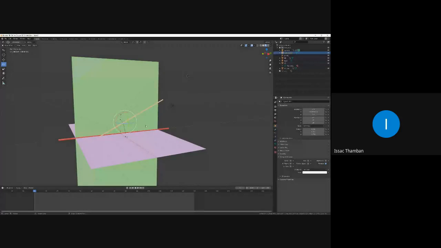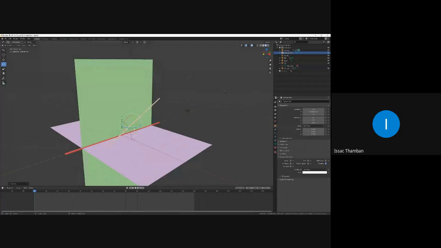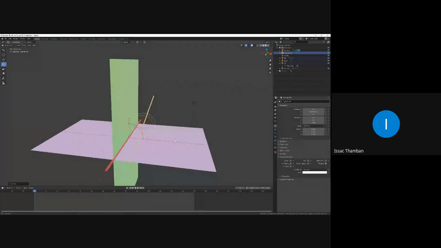Okay. So first of all, let us consider a line which is parallel to HP and VP.